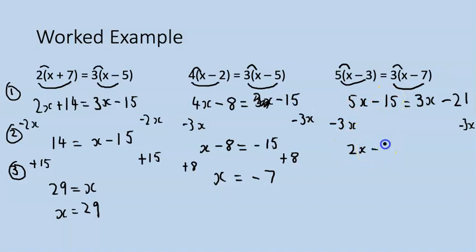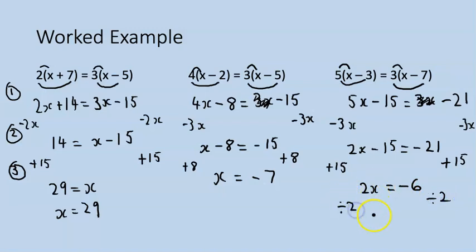Minus 15 still stays there. 3 take away 3 is 0. So I'm left with just minus 21. Now I add on my 15. So 2x is equal to minus 21 plus 15, minus 6. Now I divide both sides by 2. So x is minus 3.